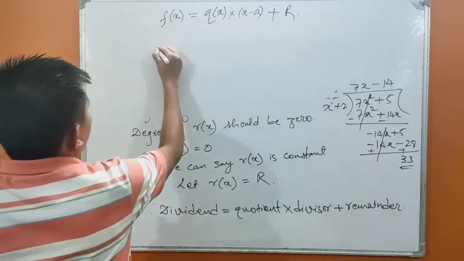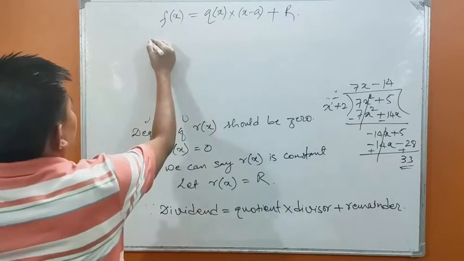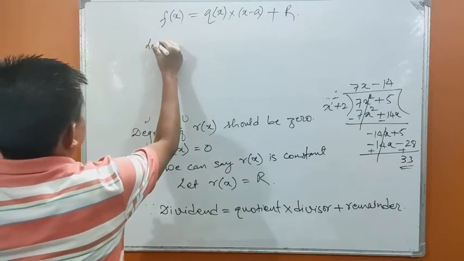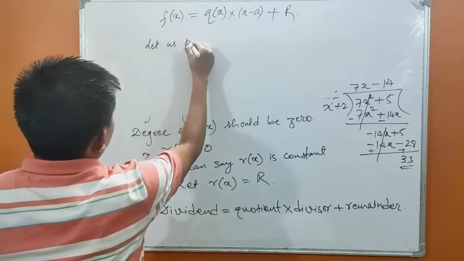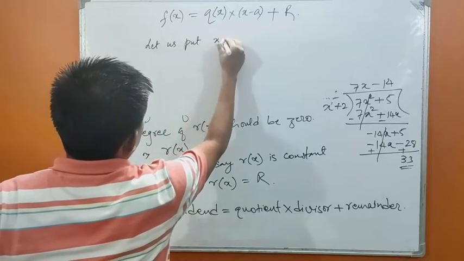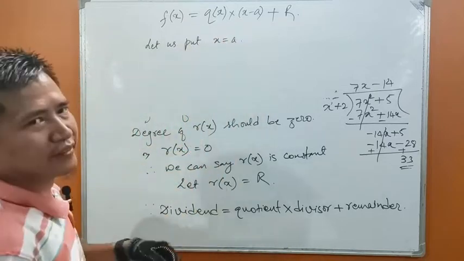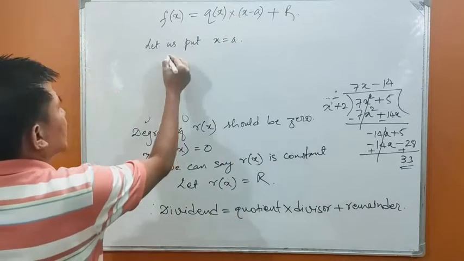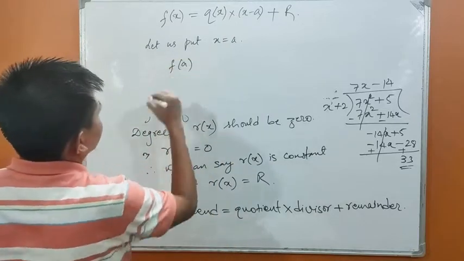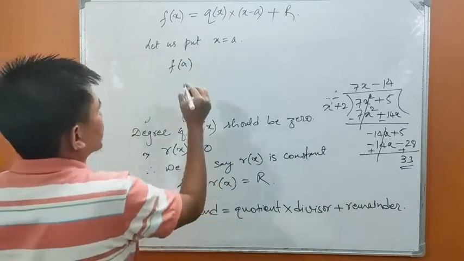Or let us put x equal to a. Okay? X equal to a. Then what happens? Fa, instead of x we write a.